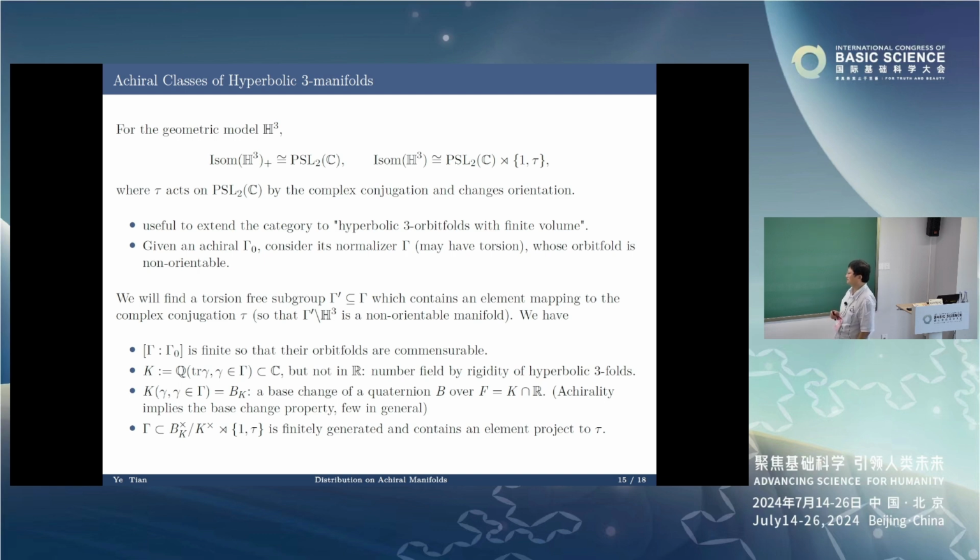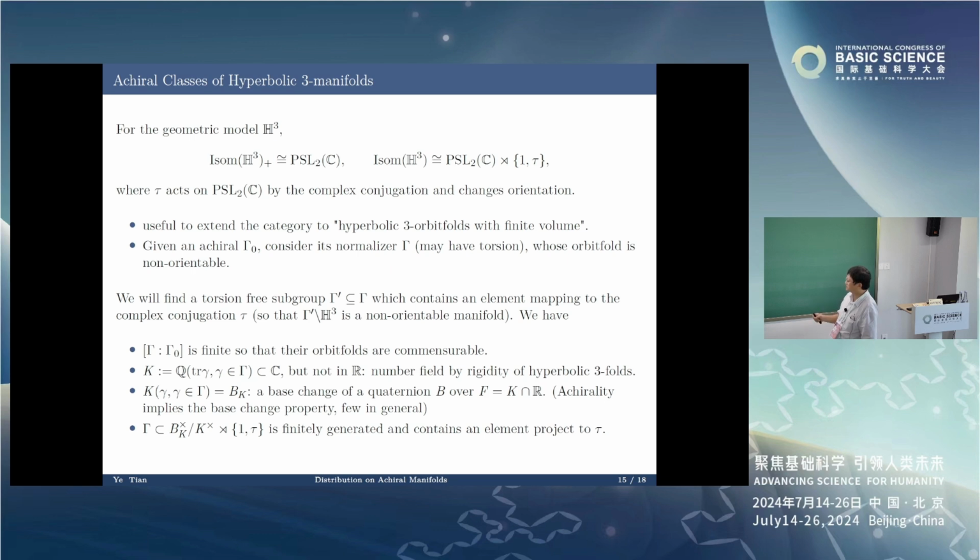And for the second one, if you take the traces of gamma and adjoin them to Q, then you get a number field K. Because we started with gamma 0 or gamma, it doesn't matter which one you use. And this K cannot be contained in R, so it has at least one infinite place that is complex.